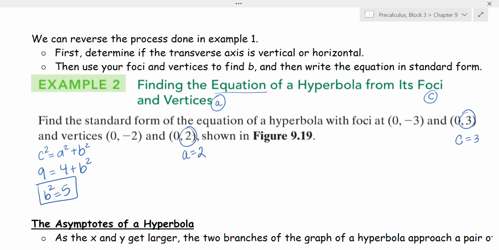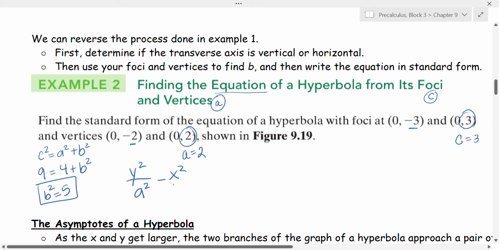So we know this is a vertical hyperbola because the foci and the vertices are on the y-axis. The values of those points lie on the y values, so it's vertical. So the equation for a vertical hyperbola is y squared over a squared minus x squared over b squared equals 1.